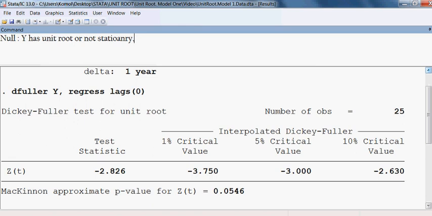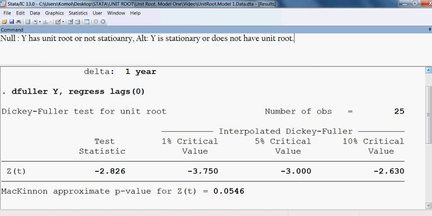And what is the alternative? Alternative hypothesis: y is stationary, or does not have unit root, right?